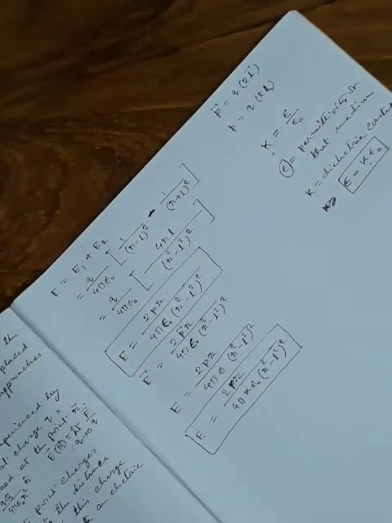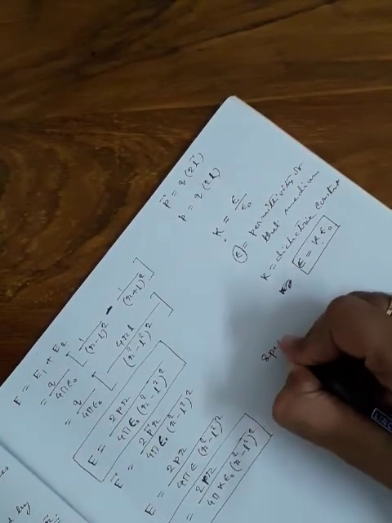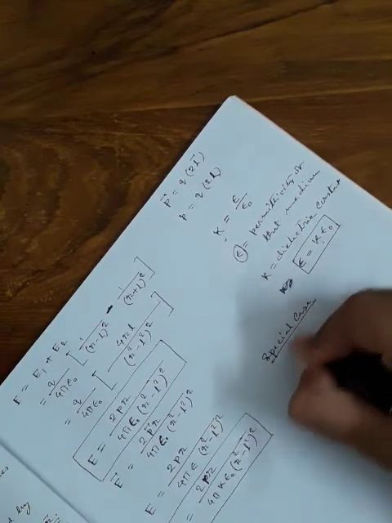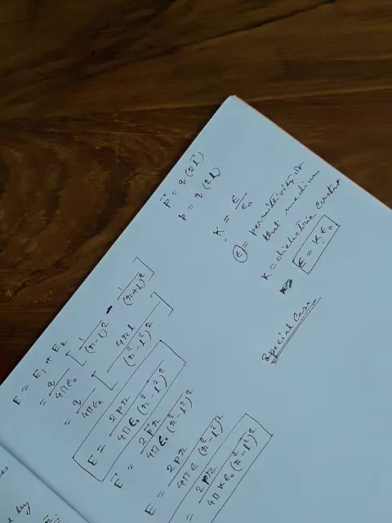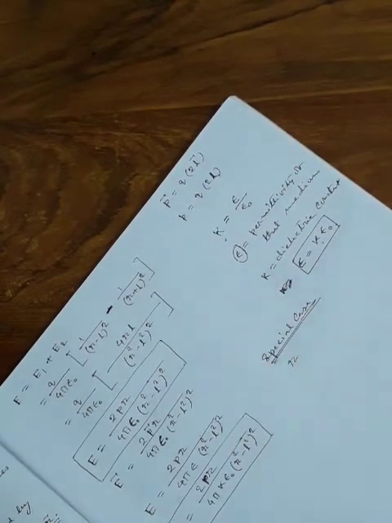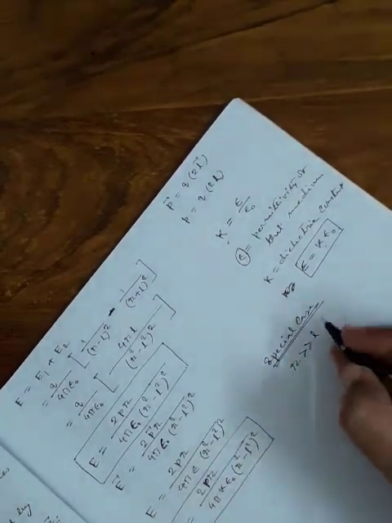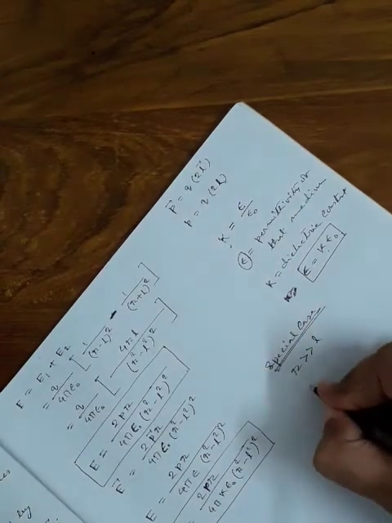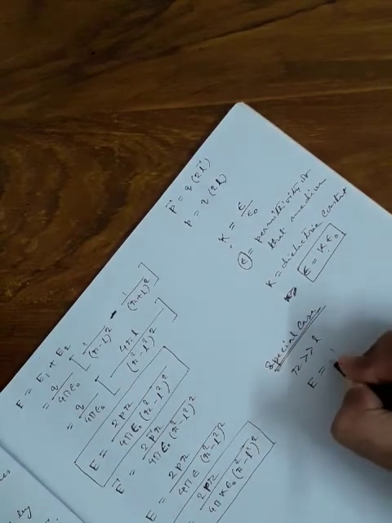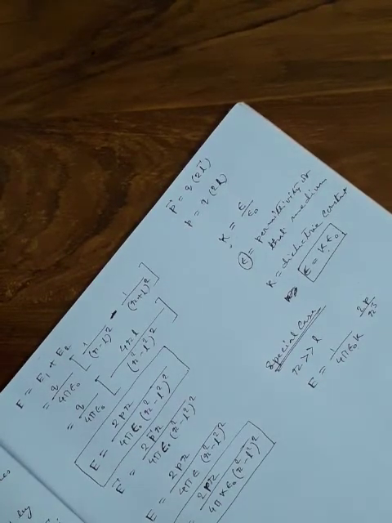Now, a special case. When r is much greater than L, then the electric field will be 1 by 4 pi epsilon 0 K into 2P by r cube by simplification.